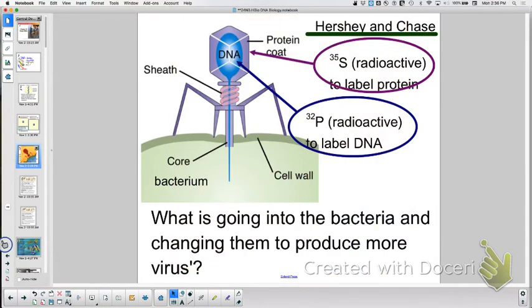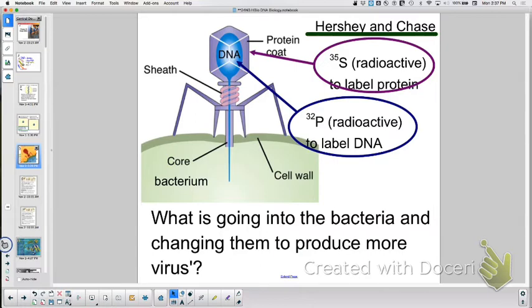They looked at a virus, and they labeled the protein part of the virus and the nucleic acid part of the virus. Remember, nucleic acids are built out of nucleotides. Nucleotides consist of 3 things. What are they? Base, sugar, phosphate. So the phosphorus was on the phosphate.